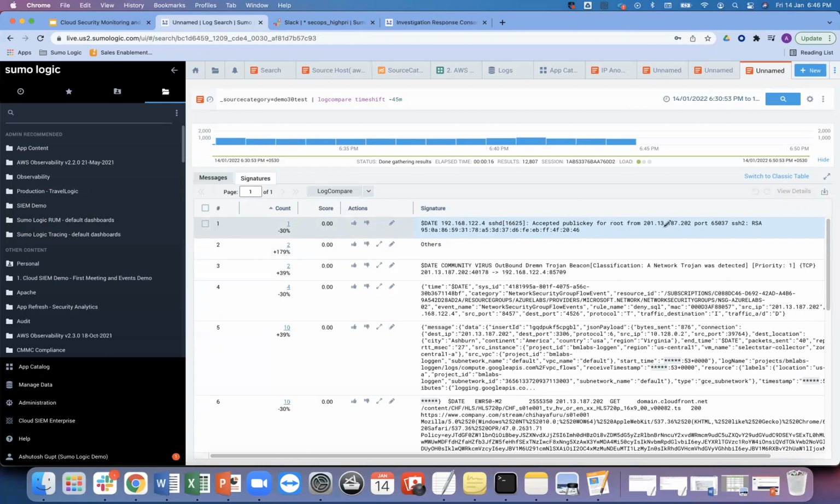So I'm now doubly sure why this Trojan detection on this particular IP is happening. The public access is given to the root, and that's the reason malicious activities are happening from this IP.